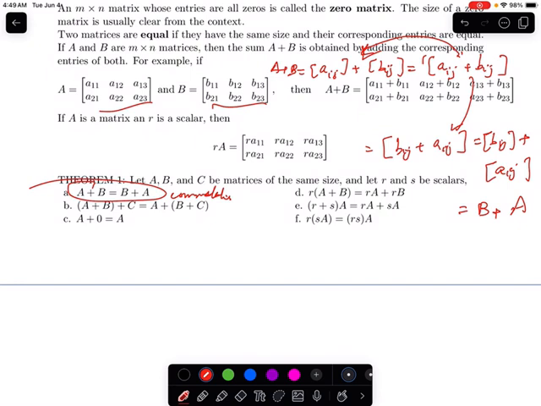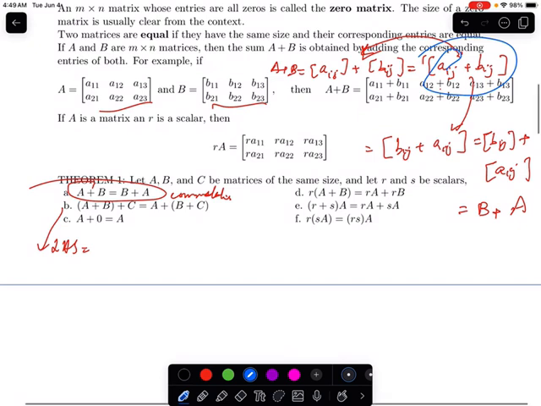again, using the compact notation, I can say my left hand side is equal to, so because it's saying A plus B in parentheses, we can use this result from before.